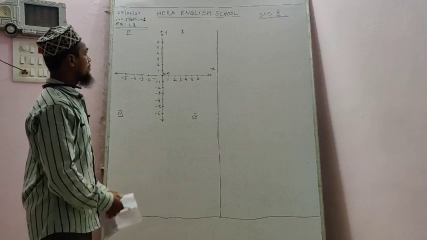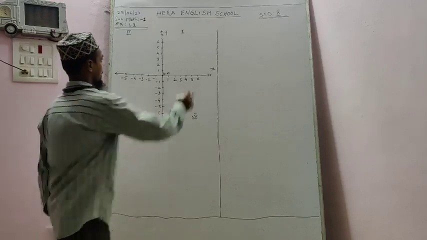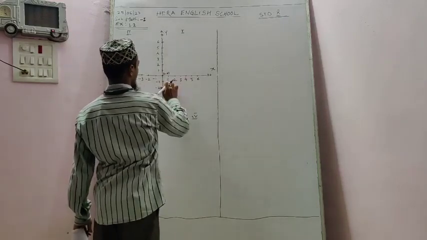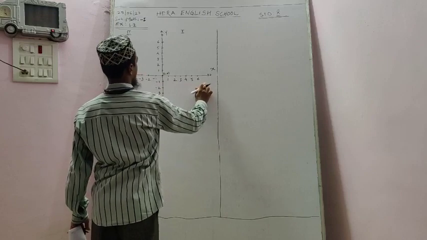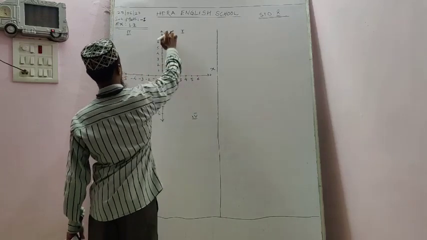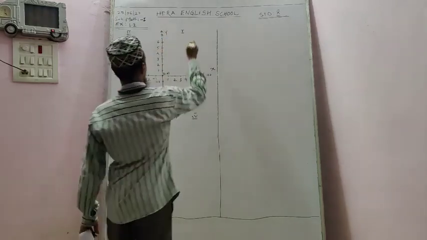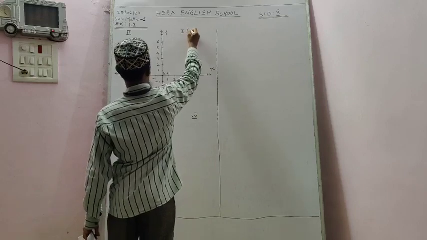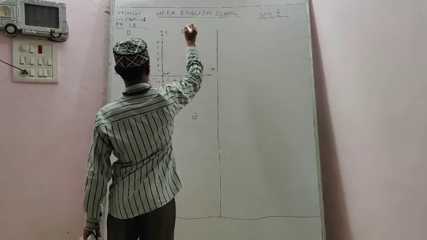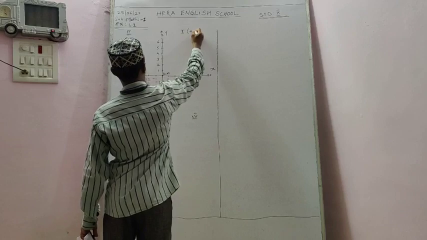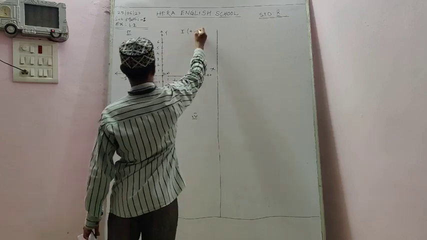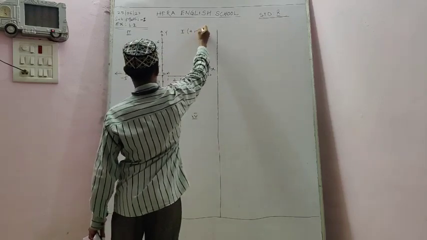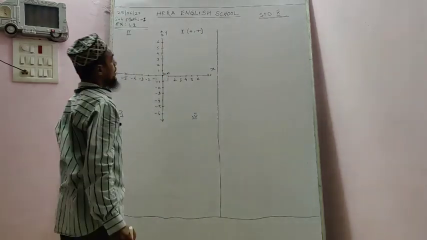Okay, now here we'll see that in the first quadrant all values of x are positive and all values of y are positive. It means the first value, x, is positive, and the second value, y, is also positive.